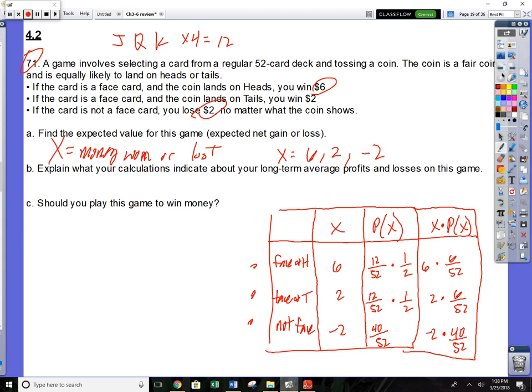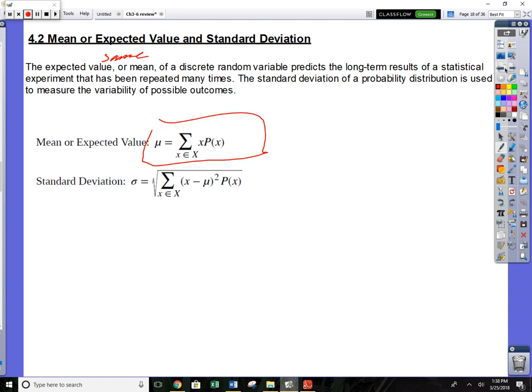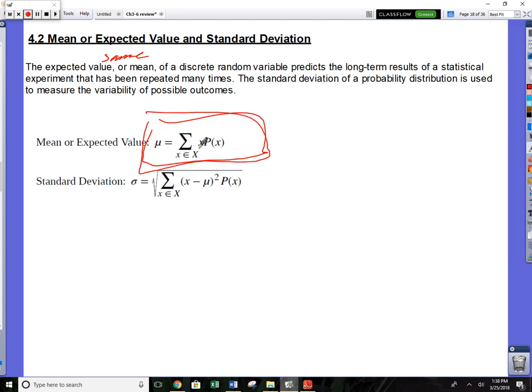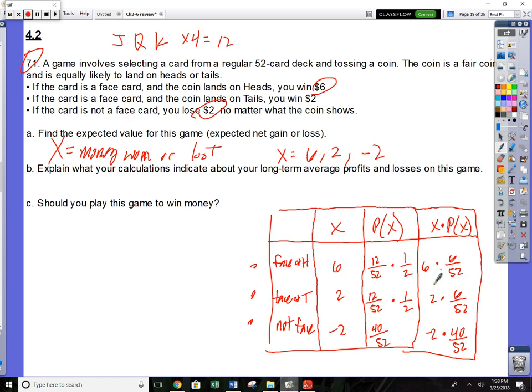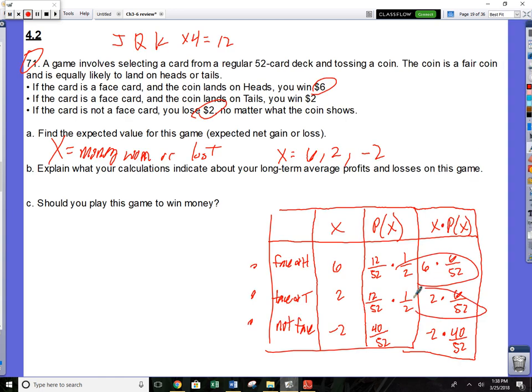Okay, now your formula. To find the expected value, all you do is sum up each of these products. So I'm going to take this one, this one, this one, add them all together, take the sum of those products, and you're going to end up with, okay, I've already done it on my calculator, and we get this.